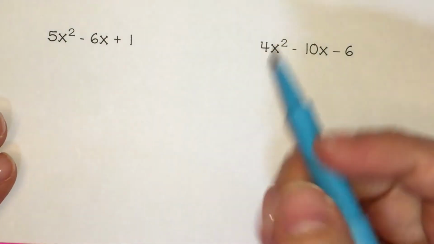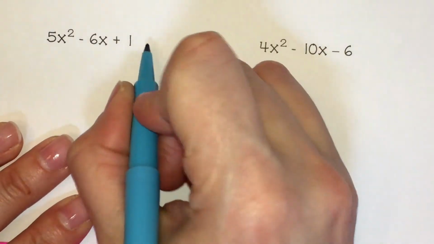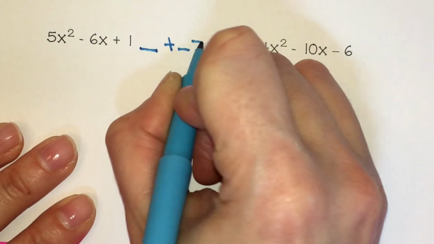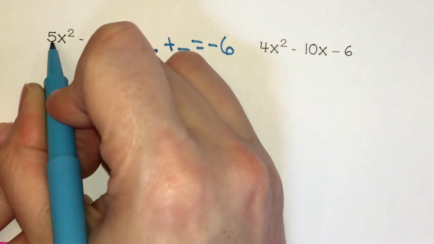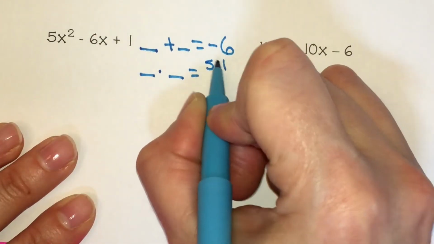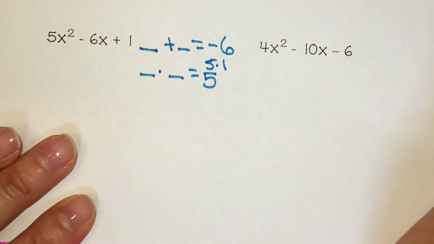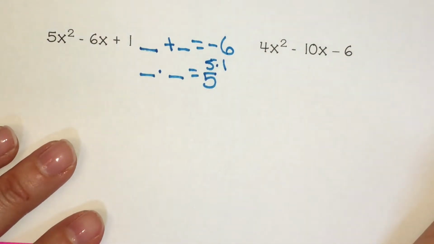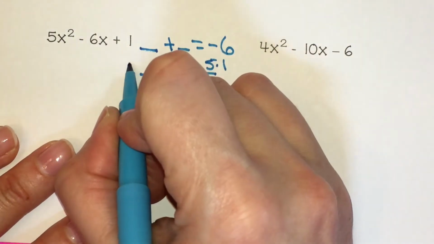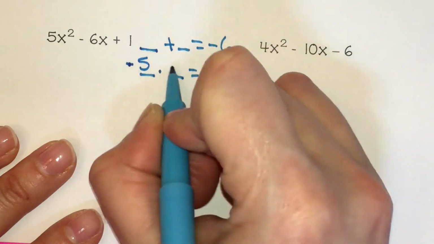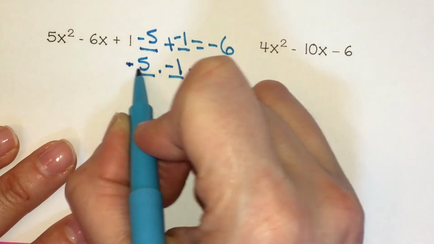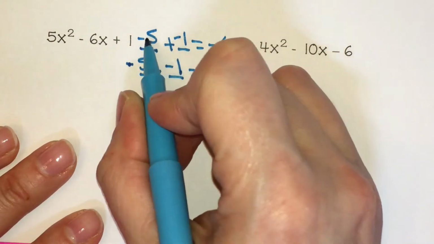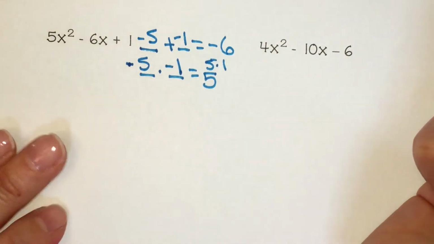All right, so this one, figure out what I can add together to equal negative 6. What I can multiply together to equal 5 times 1 is 5. All right, so we can do negative 5 and negative 1, because negative 5 times negative 1 is positive 5. Negative 5 plus negative 1 is negative 6.